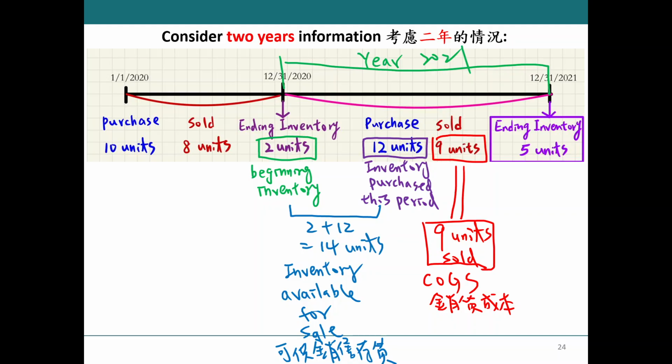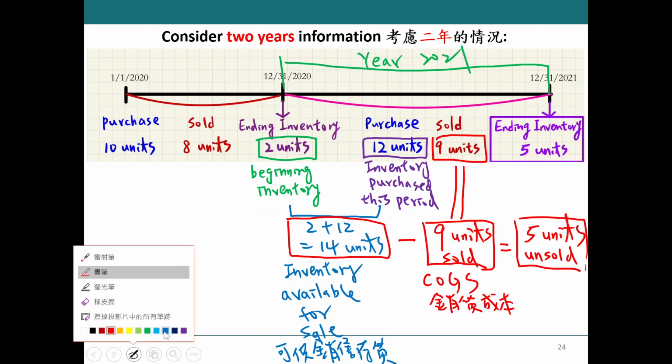Okay, so 14 units minus cost of goods sold, how many we sold, then you got 5 units unsold. Okay, so for that 5 units unsold, still that's our inventory, right?